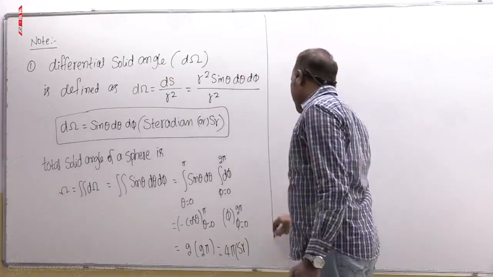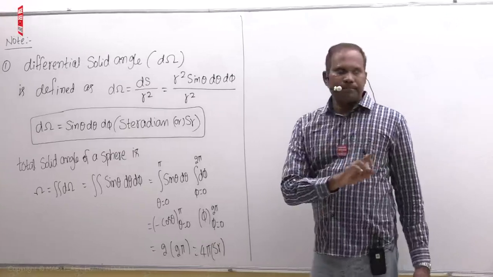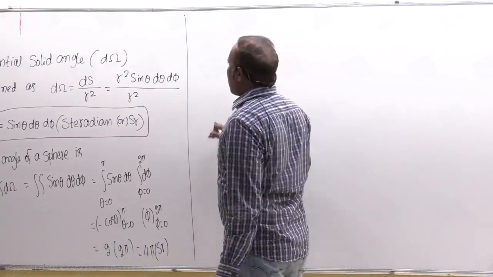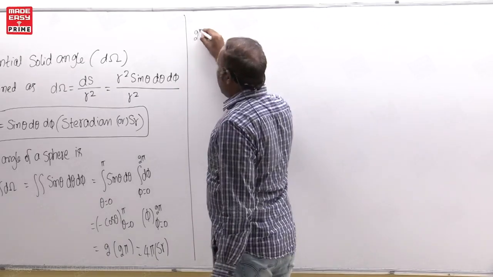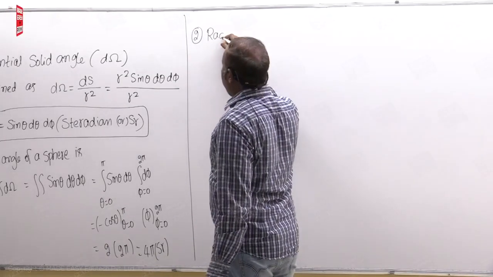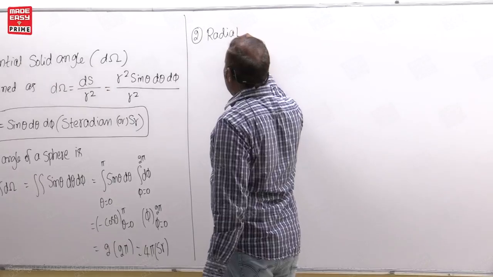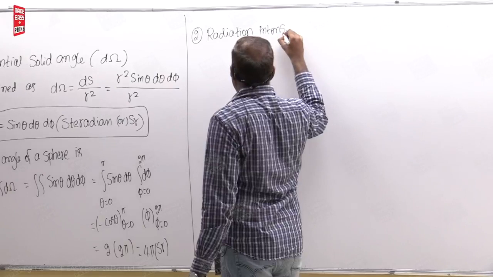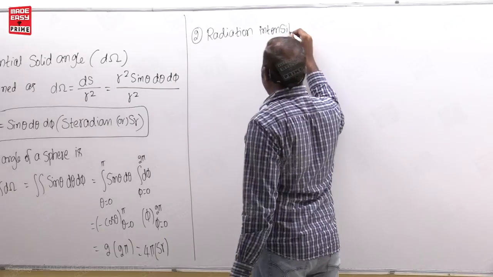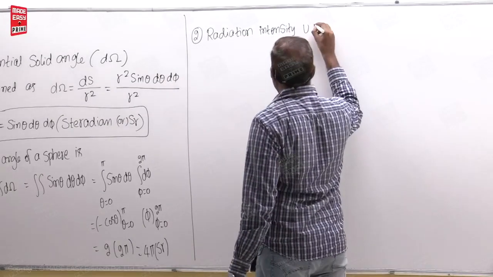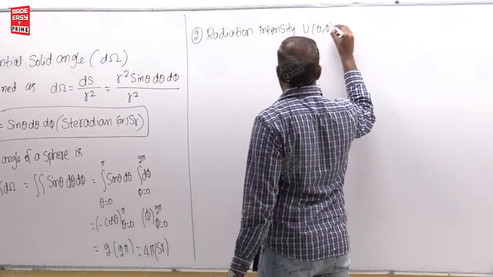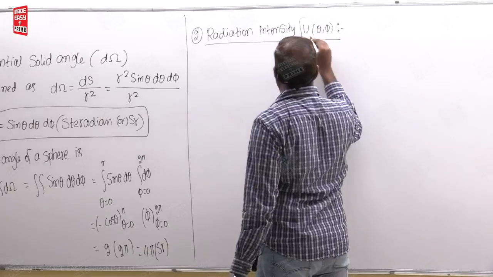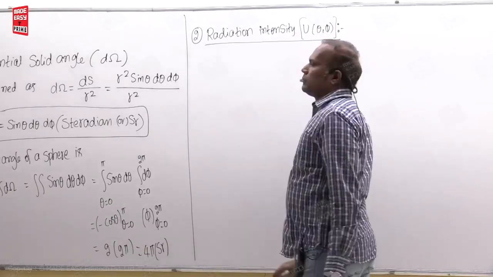Now, dear students, let us talk of radiation intensity. The symbol is U of theta, phi.